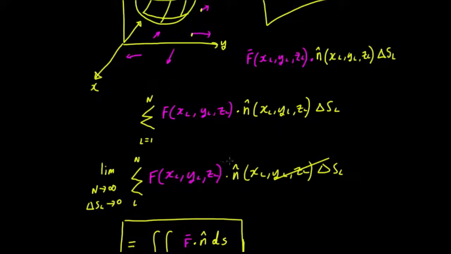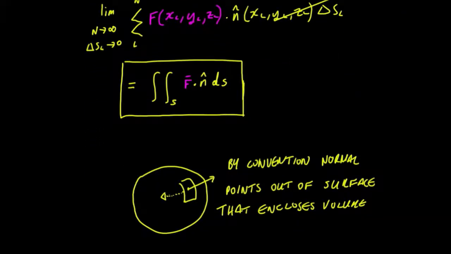Whenever we do that, we take the limit process and we end up with the surface integral of the normal component of the vector function, f dot n dS, which is our surface integral.